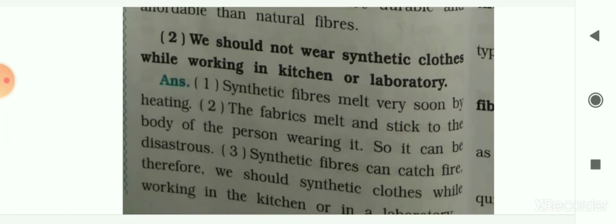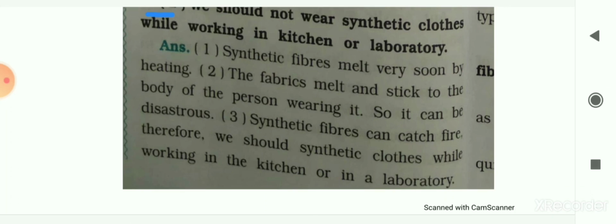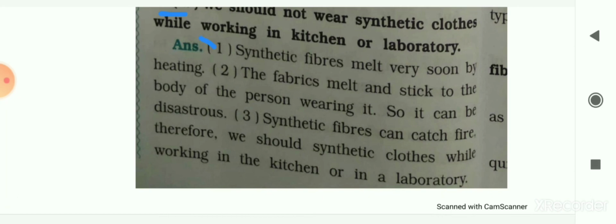Next is, we should not wear synthetic clothes while working in the kitchen or laboratory. Why should we not wear the synthetic clothes? The reason we had already seen in the previous question. The synthetic fibers melt very soon on heating, and the fabrics melt and stick to the body of the person who wears it.